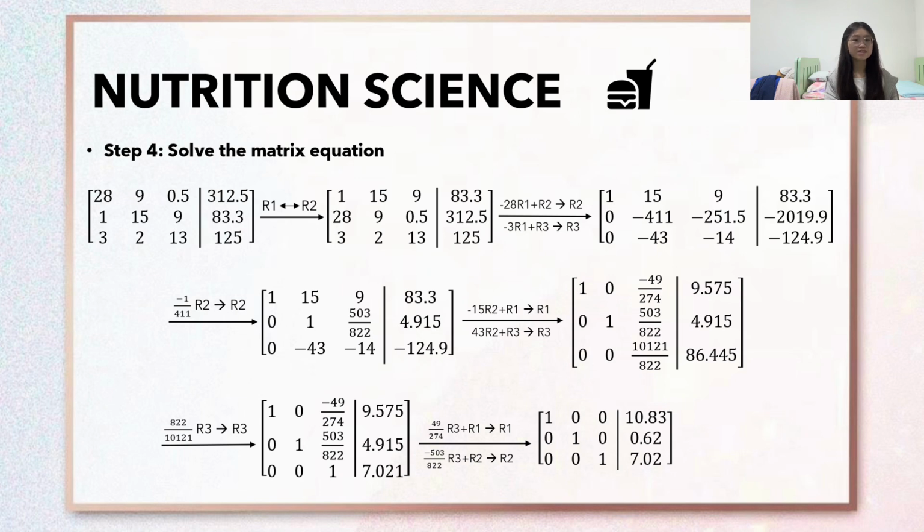And the last step is to find x1, x2, x3 by row reduction. So, we need to reduce the matrix equation AX equals B into row-reduced echelon form to get x1, x2, x3 respectively. And these are the solution steps that we have made.